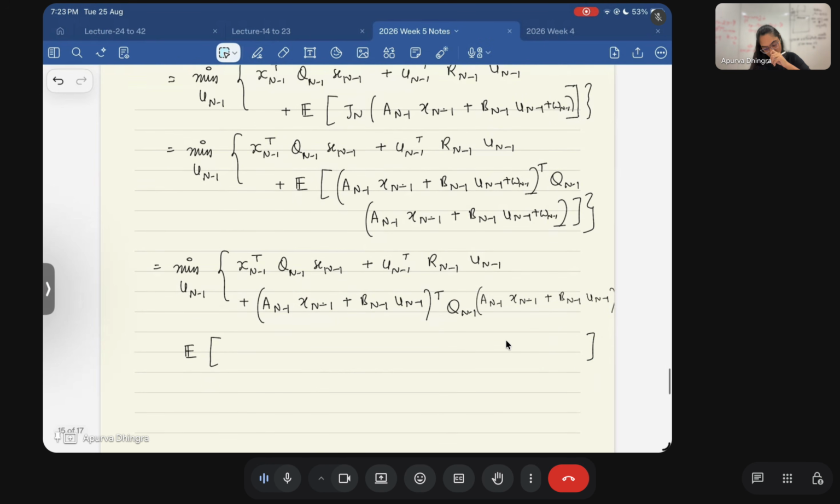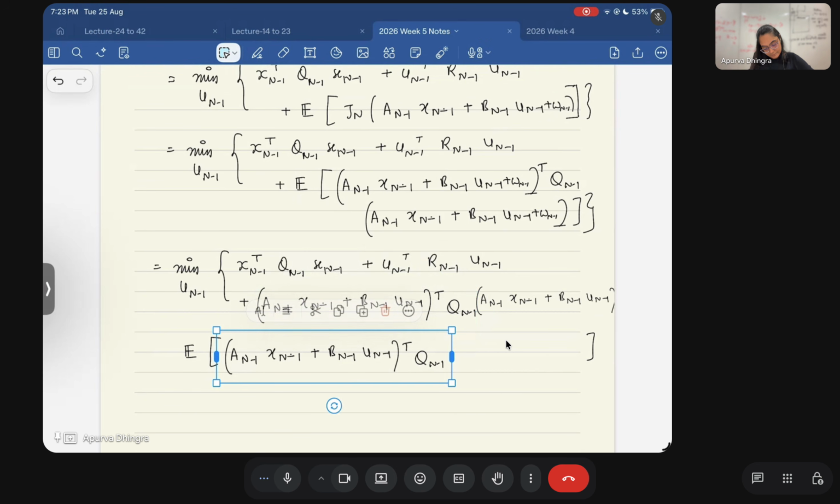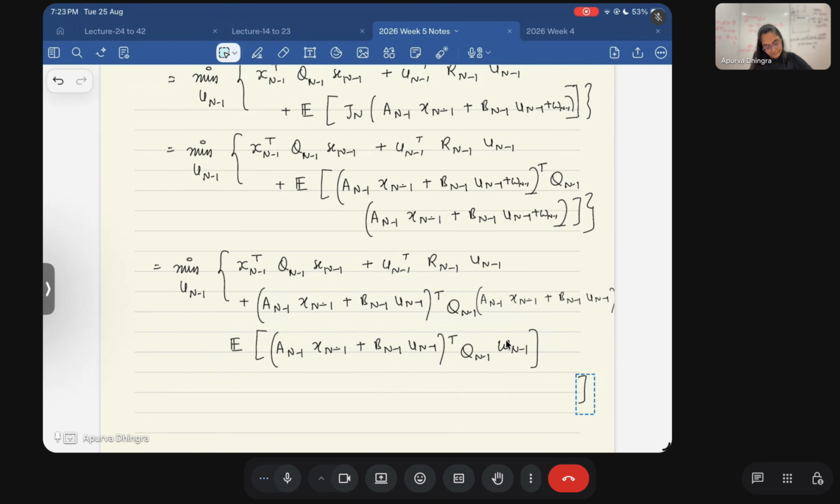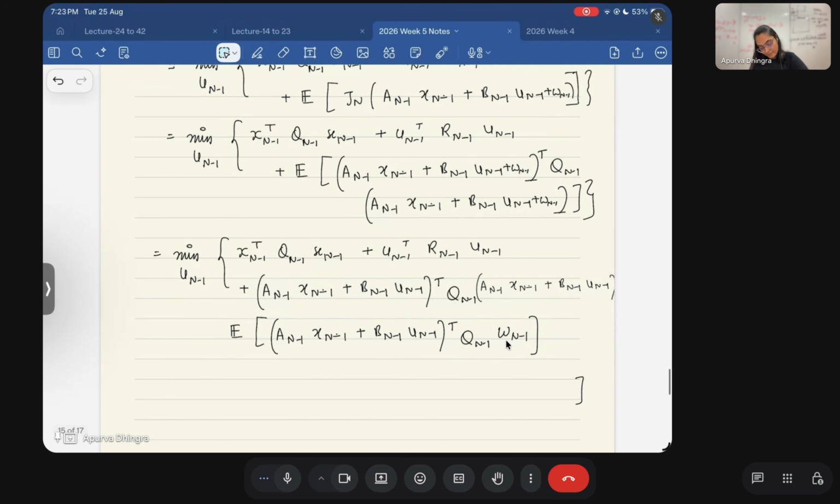We do have two other terms. This is one of them, and there is this term: omega n minus 1, qn minus 1, and omega n minus 1.